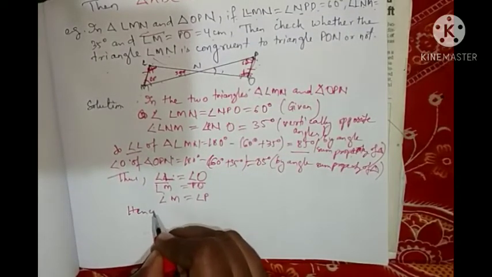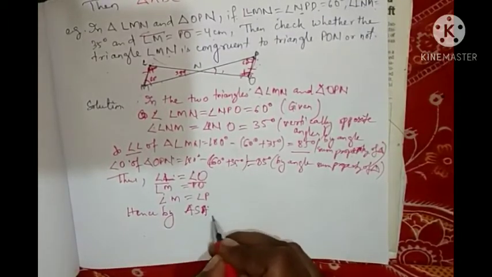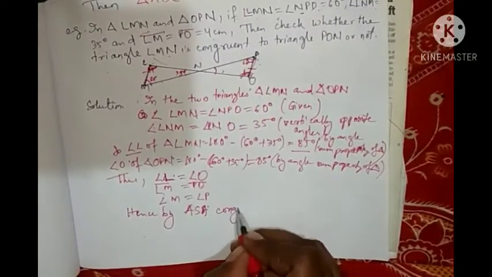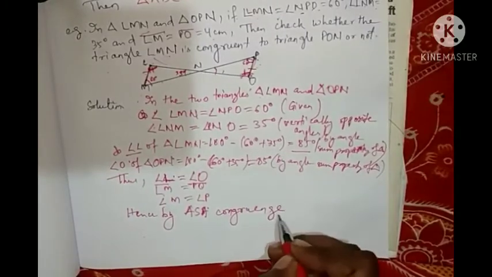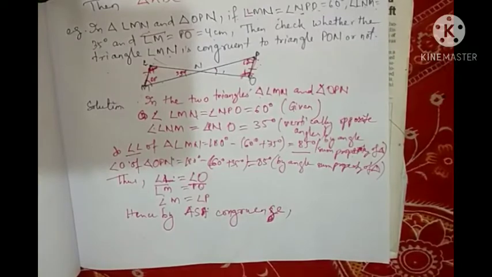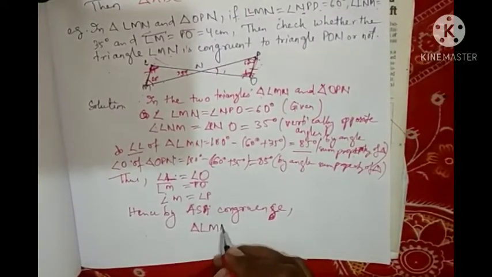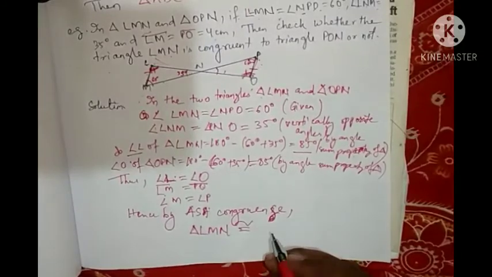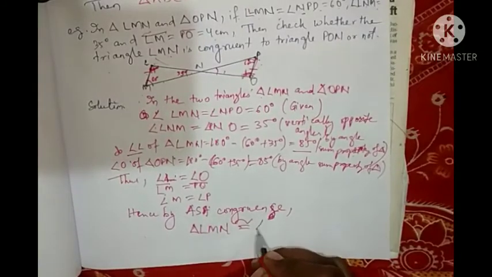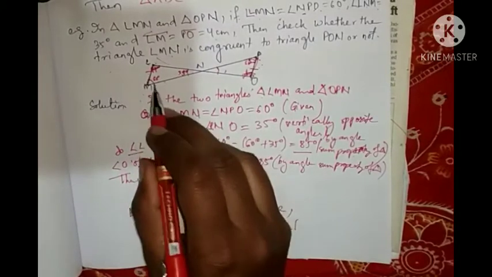Hence by ASA, angle side angle congruence, what can you find? That triangle LMN is congruent to triangle OPN.